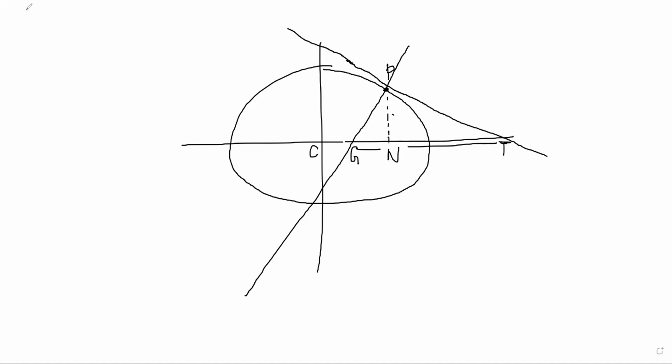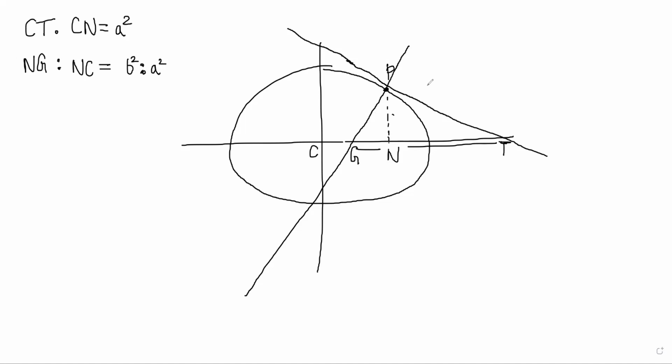So Ct multiplied by Cn will be equal to a square. You can also show here that Ng is to Nc would be equal to b square is to a square.